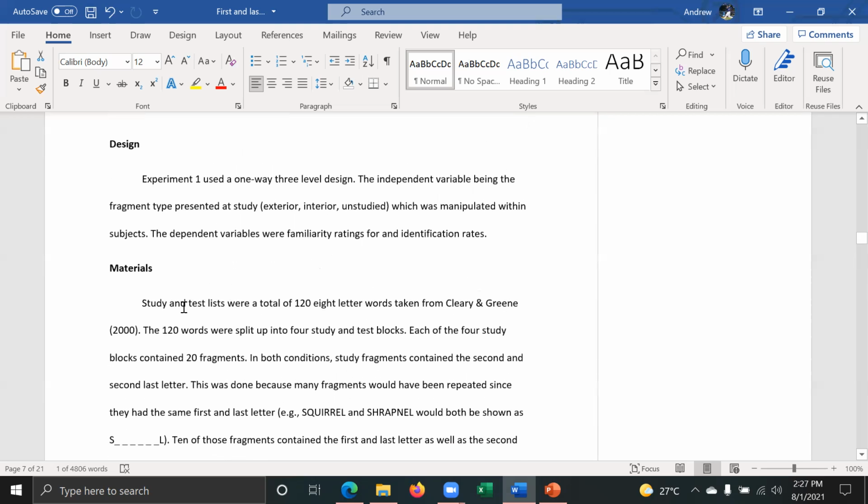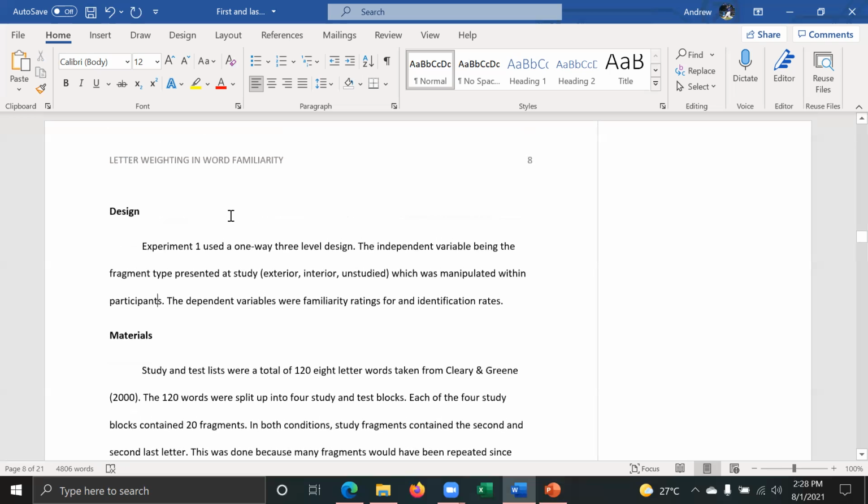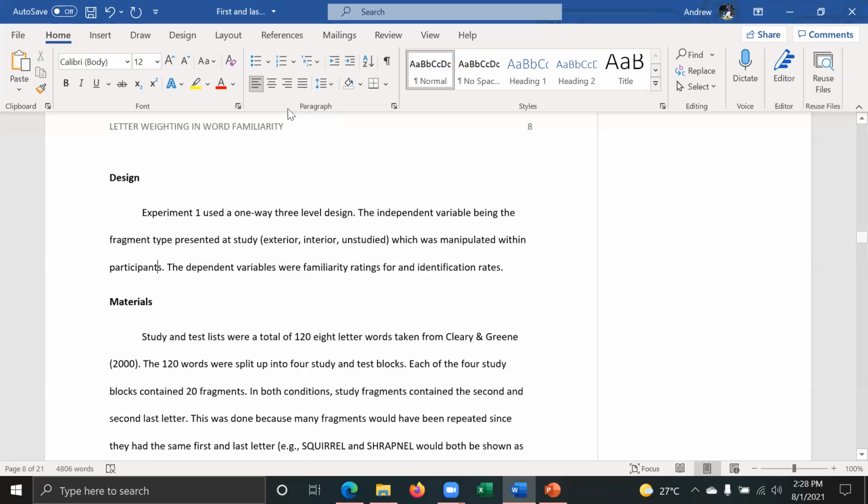Okay. Design. Experiment one used a one-way three-level design. The independent variable being fragment type presented at study, exterior, interior, unstudied, which was manipulated within subjects. I should say participants. Like I said, this is where you state your independent and dependent variables. Pretty clear here.